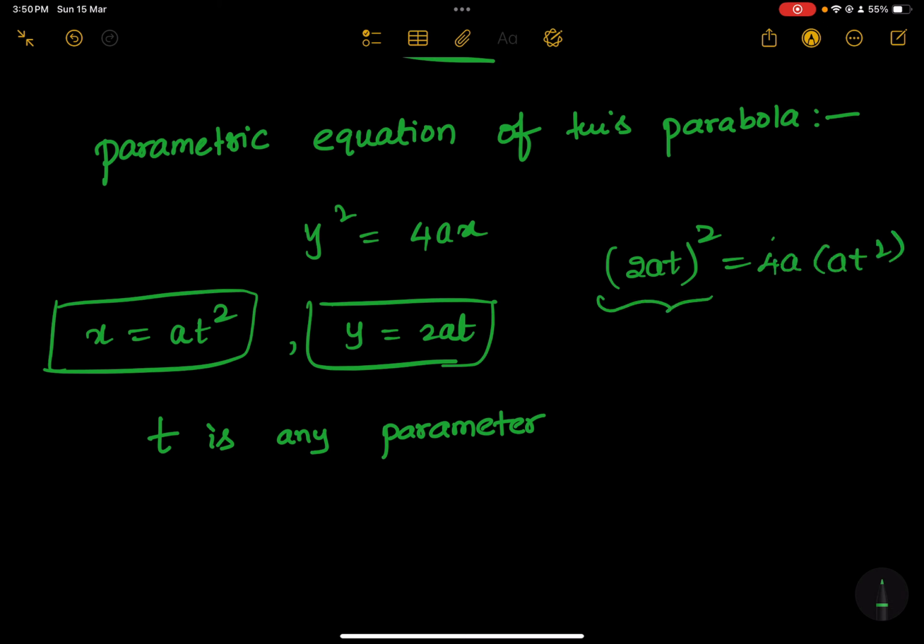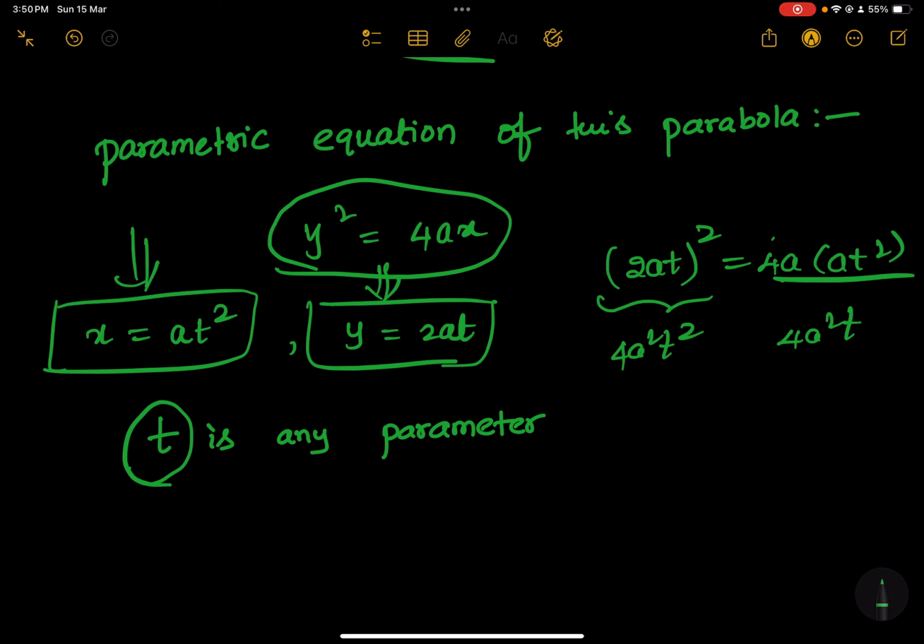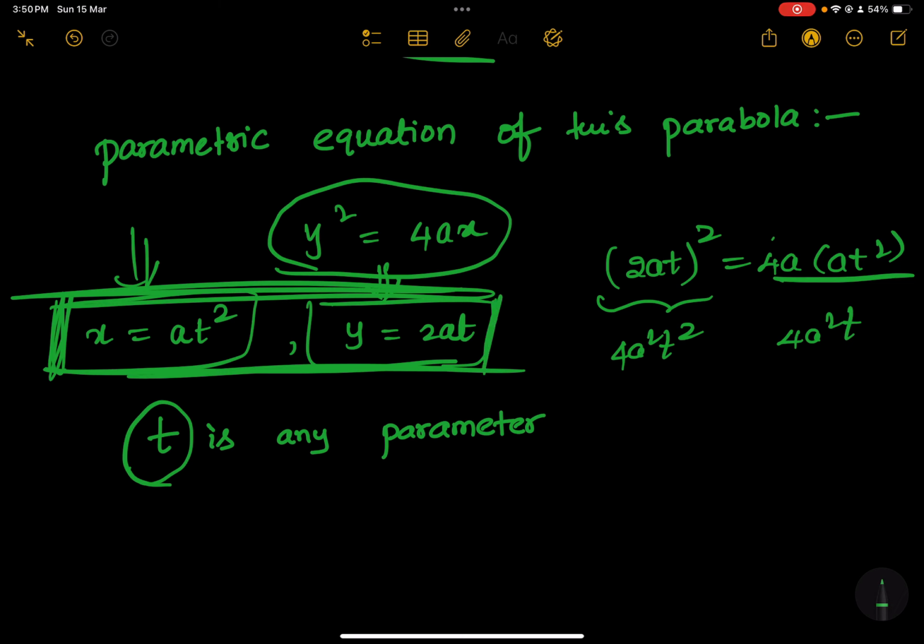Here your left hand side becomes 4a square t square, and your right hand side becomes 4a square t square. So this particular substitution of x and y in terms of parameter t clearly satisfies the equation of the parabola. Therefore, this is the parametric equation of the parabola.